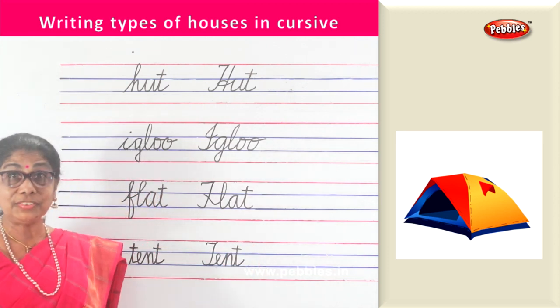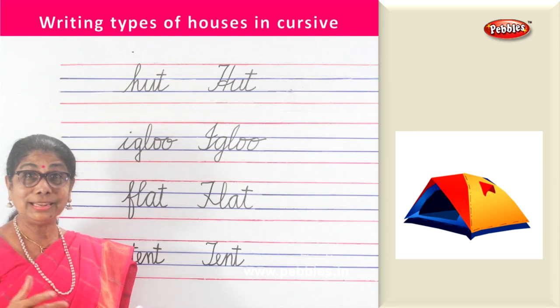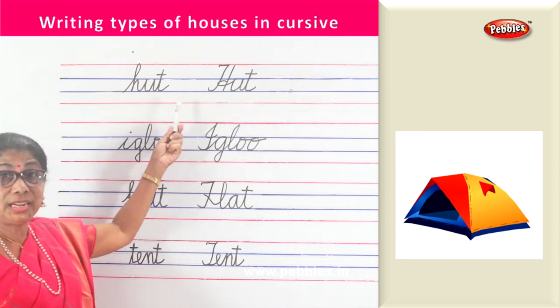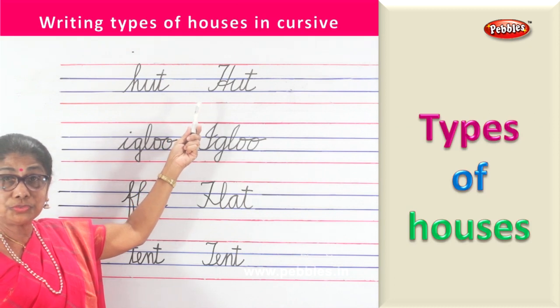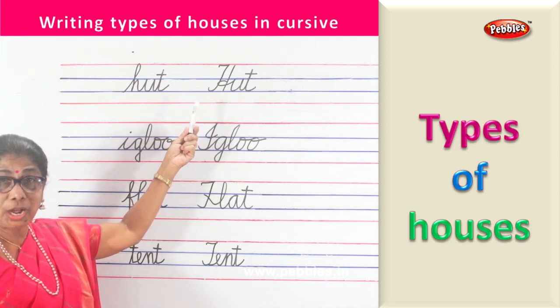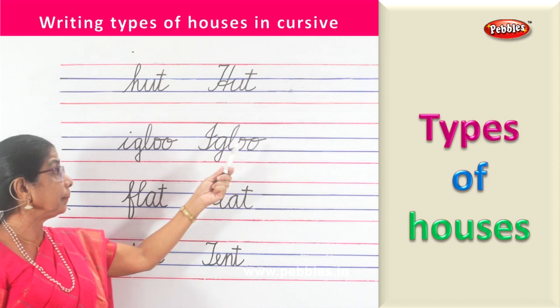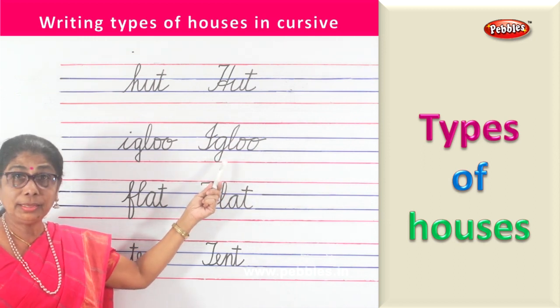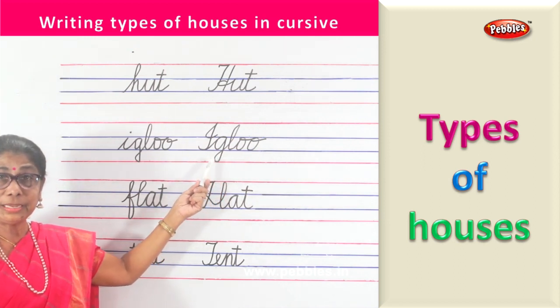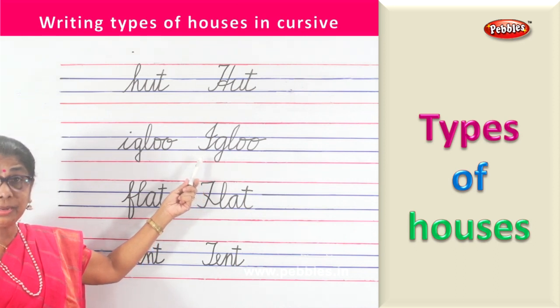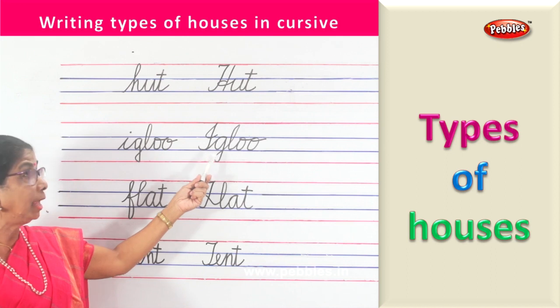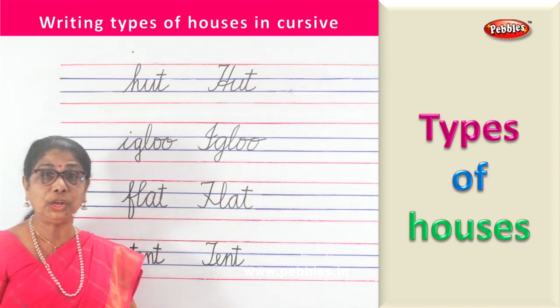We are writing cursive writing on what? Types of houses. First, a hut. On the roof you have straw, mud and straw house. H-U-T, hut. Igloo. In the Icelands, Eskimos build houses with bricks of ice. It's called igloo. I-G-L-O-O. Igloo.